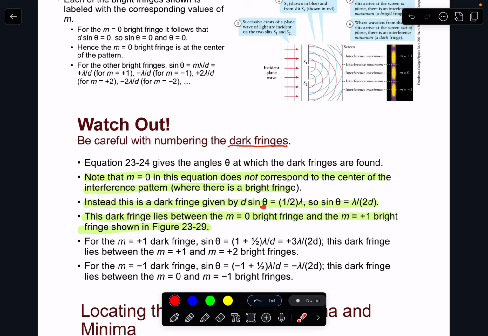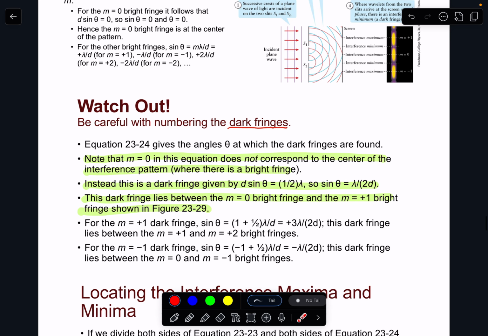And if we solve for theta, well, that's not going to give us theta equals 0, right? That's going to give us an actual value for theta, which is going to be like this angle, you know, or that angle. Okay, so m equals 0 for the destructive interference does not give us the central bright fringe. Instead, m equals 0 for the dark fringe is in between m equals 0 bright and m plus 1 bright.